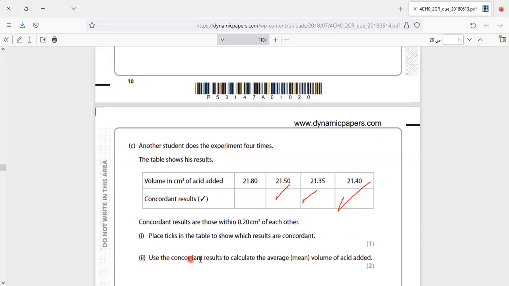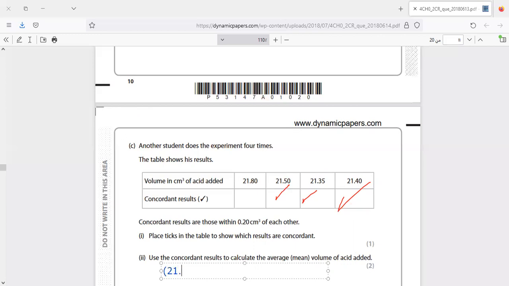Equation number 2: use the concordant results, which you understood from the table, to calculate the average, mean volume of the acid. How can you find the average of these results? The sum of the 3 results divided by 3.